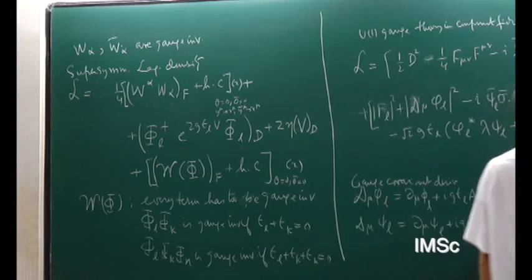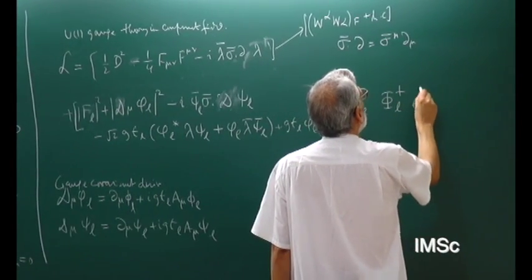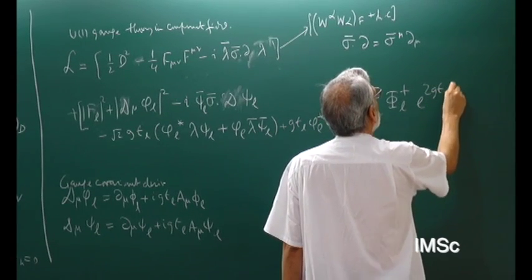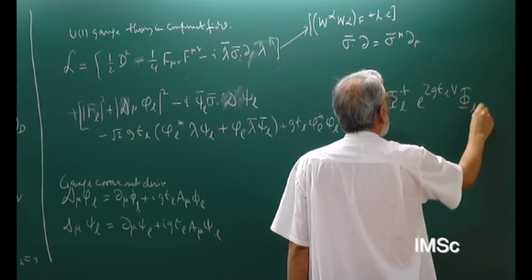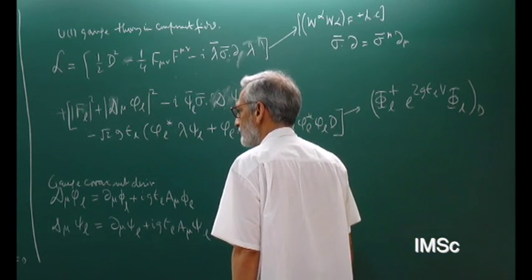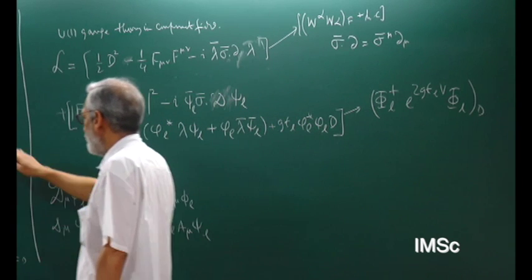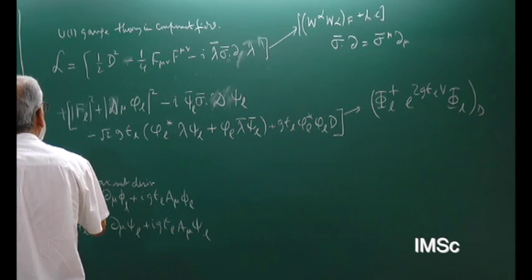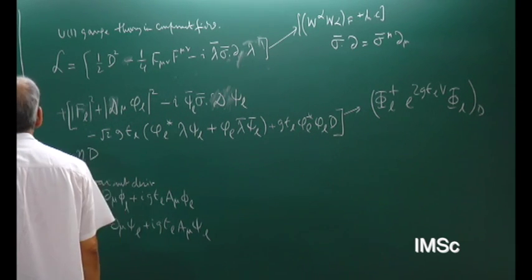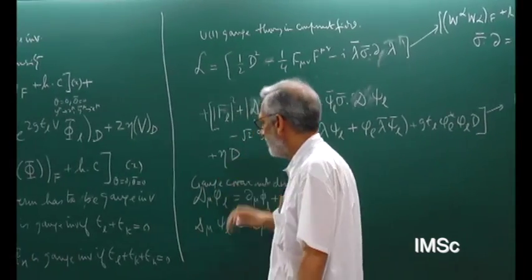So this object would come from phi_L dagger exponential 2 g T_L V phi_L, the D term. And then we have this term that gives you eta D, the D term of V is D.